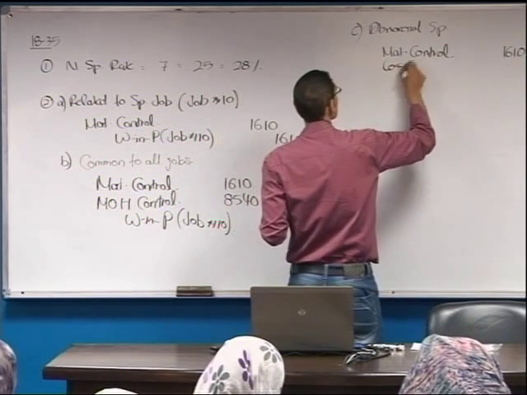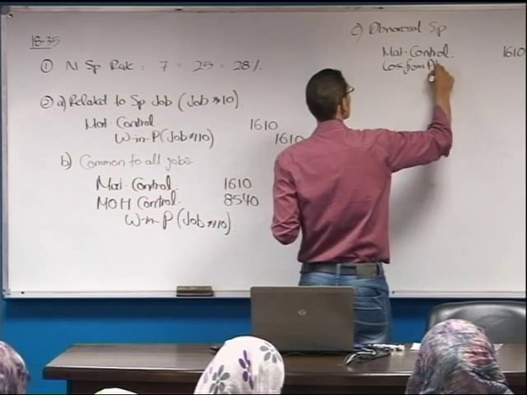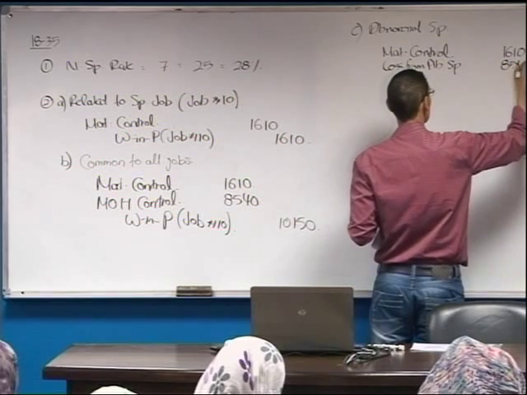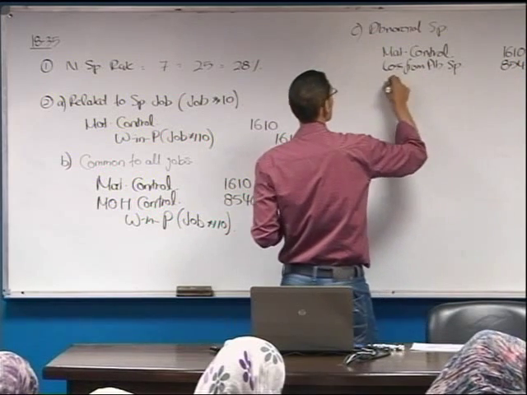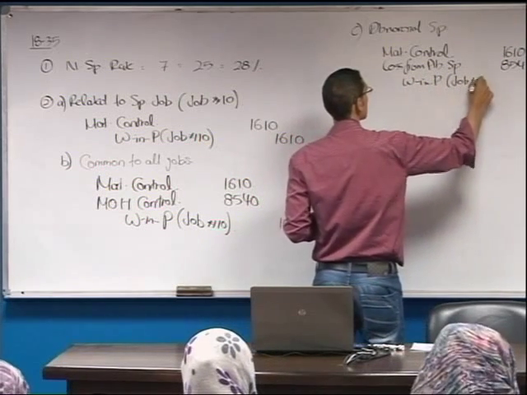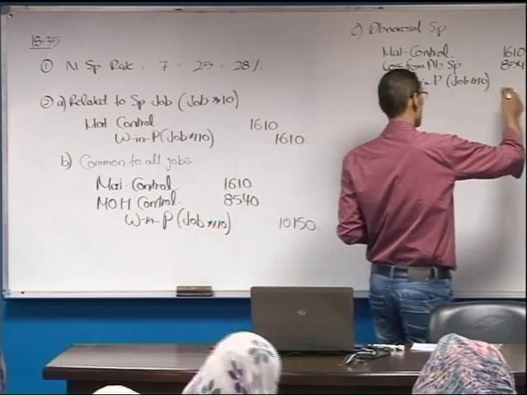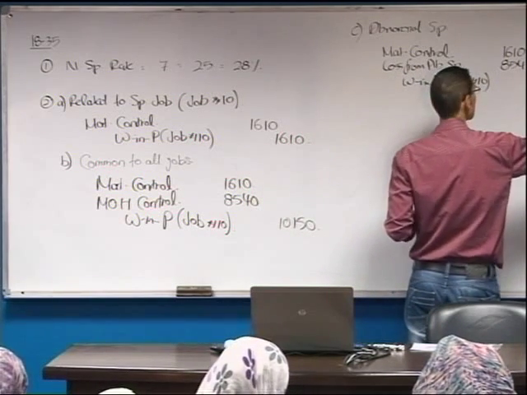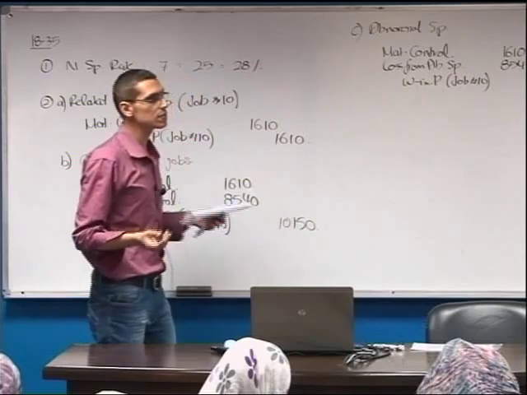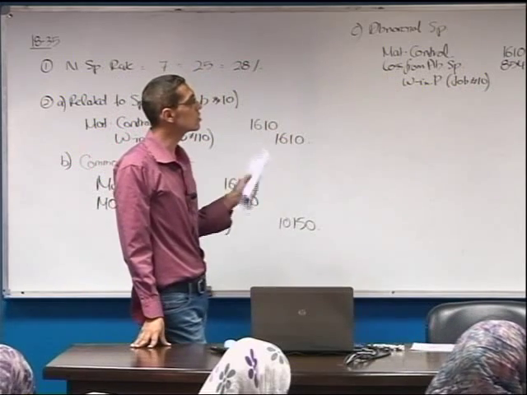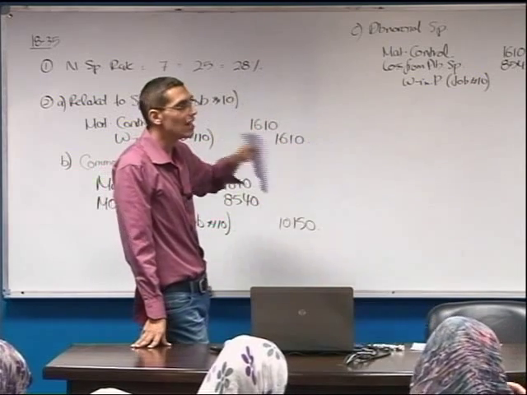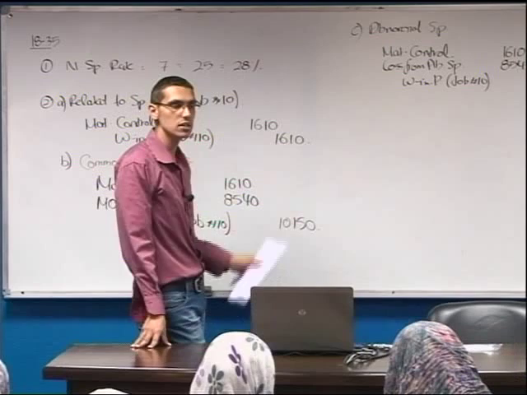Of course, loss from abnormal spoilage by the amount of 8,540, and of course work in process specific for job number 10 would be decreased and credited by the amount of 10,150. As we can see here, we transferred the costs of the 7 units onto the loss, but not by the same amount, because we have a disposal value that will decrease the cost of these spoiled units.